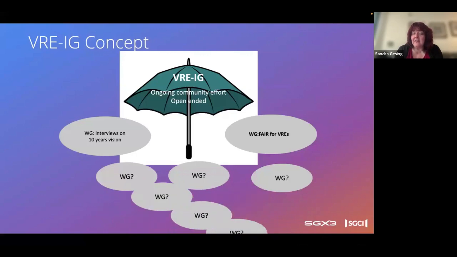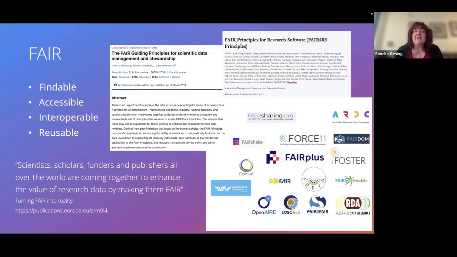And our idea is now that we can found today a working group on fairness badges. So FAIR, I think in this audience, I don't really have to define it. It's the FAIR principles around findable, accessible, interoperable, and reusable.